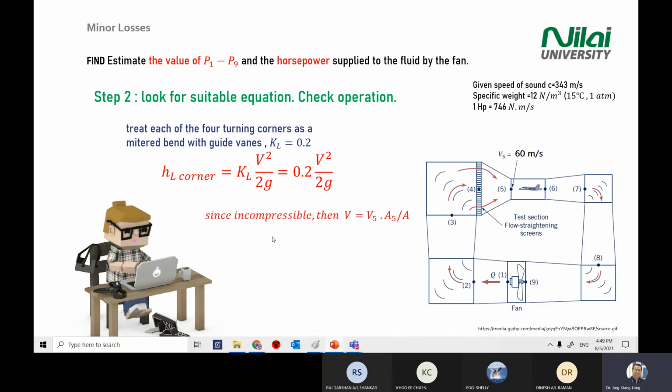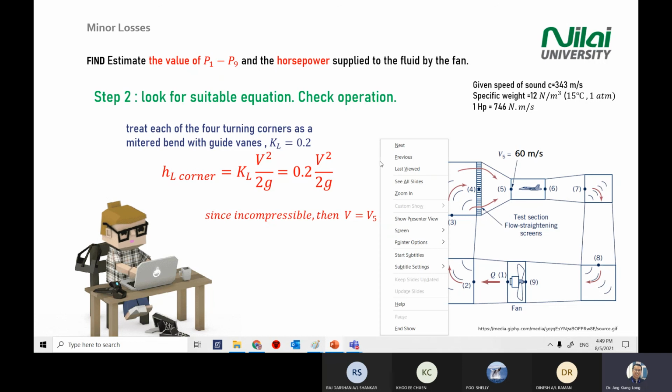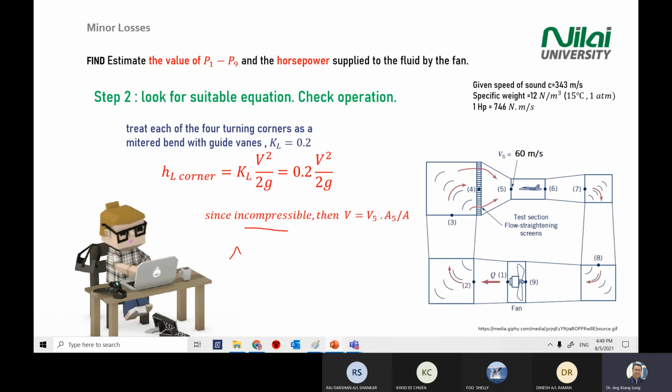Since we have an incompressible case, how do you know that we have an incompressible case? What is the Mach number value? If lower than 0.3. Correct. Remember, this is important for your final exam. Incompressible means you cannot compress the air, so the Q inside the system will be the same.